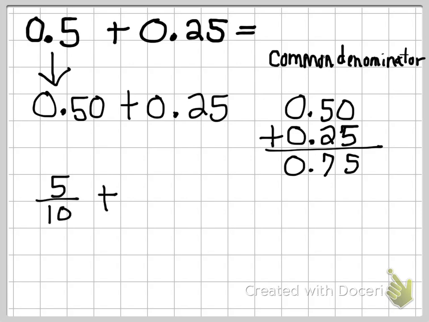Okay, so let's take a look at the fraction. 5 tenths plus 25 hundredths. Same value, only in regular fraction form. Well, I have to change 5 tenths to hundredths.